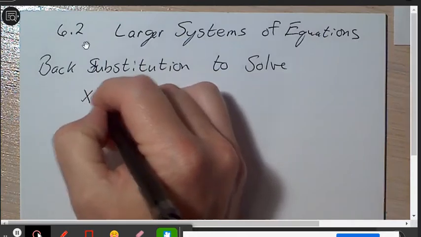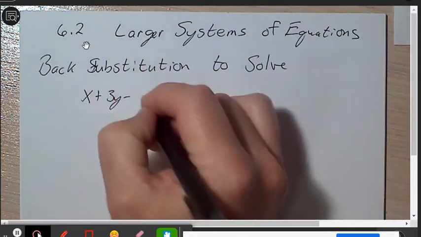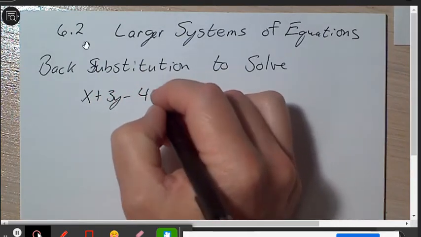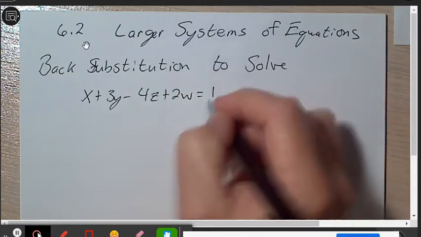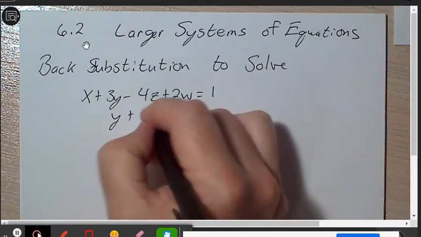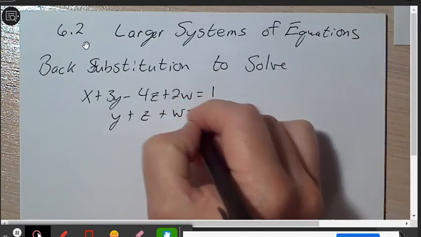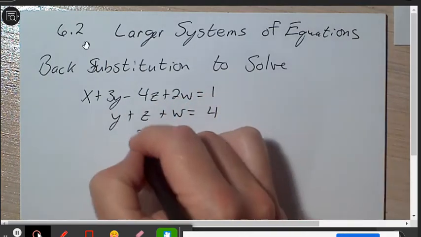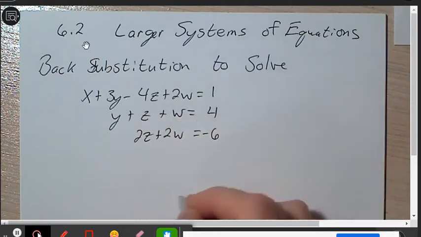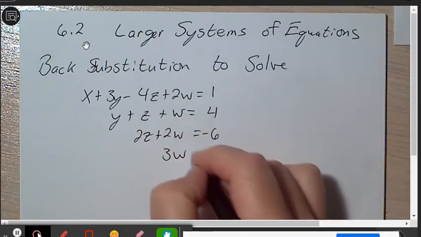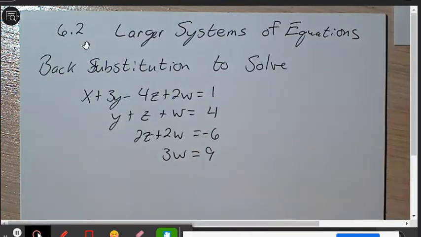So it may be that you might start with, just to give you an idea of what they're talking about here, just so you have an idea of what it looks like when we're talking about back substitution.